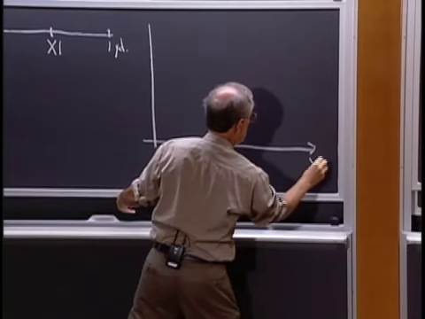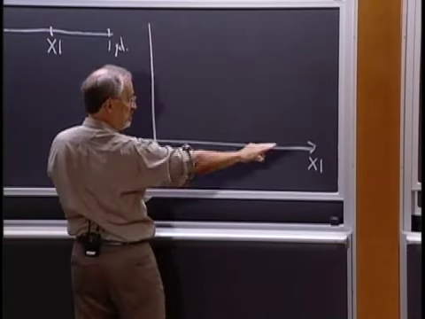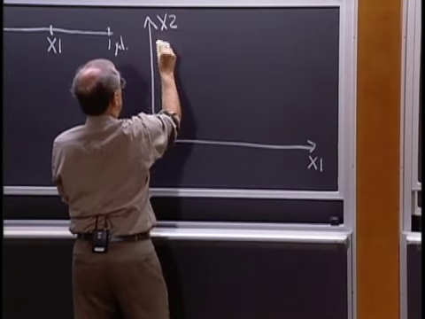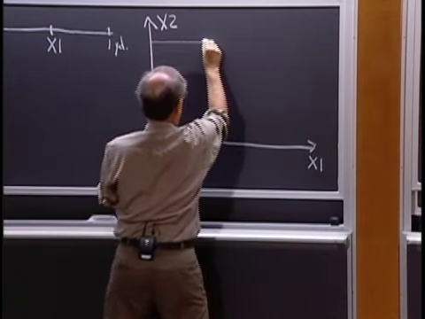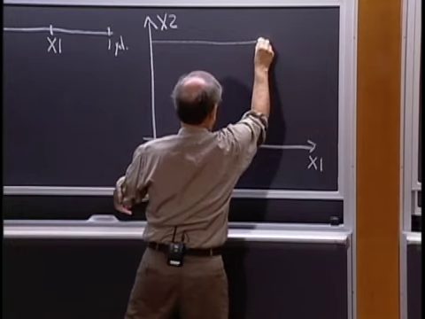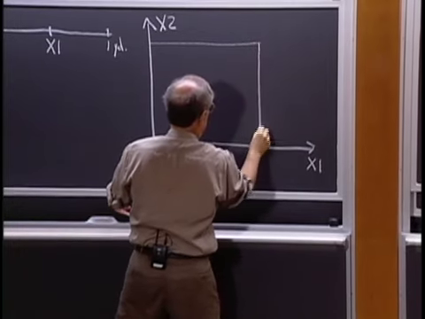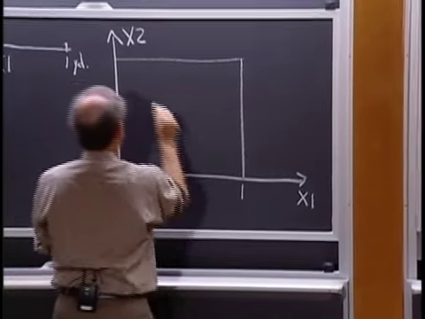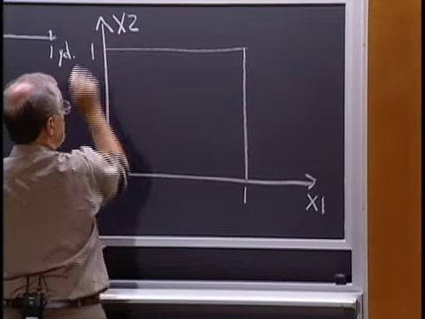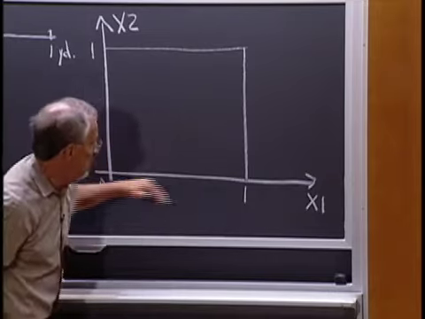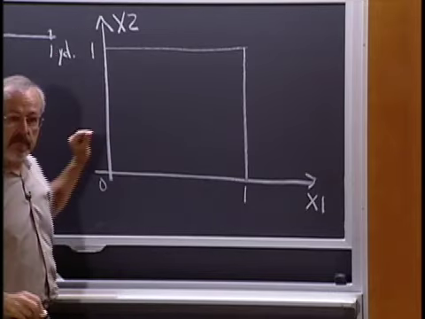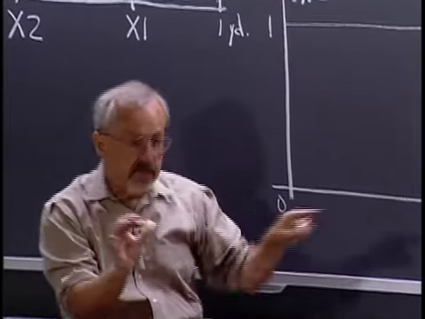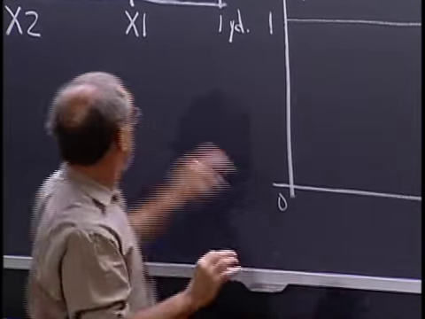Here's values for x1 on the horizontal axis. Here's values for x2 on the vertical axis. Now I'm doing this by eyeballing it, so I don't know exactly how this is going to come out, but it's supposed to be a square of dimension 1, 0 to 1 here and 0 to 1 here. And any particular outcome of this experiment is a point right in here. Let's look.